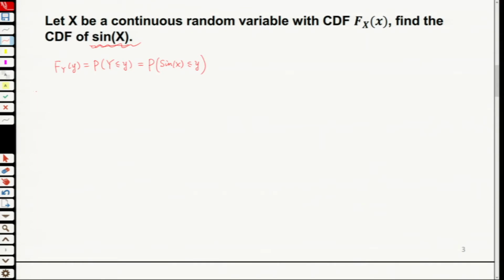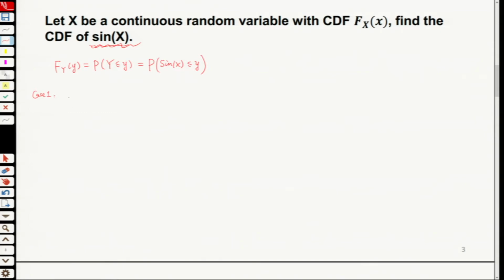Now, we still have several cases. Case 1. If you are taking the sine of a random variable, what is the range of sine x? The range is -1 to 1, because no matter what x you have, the sine oscillates between -1 and 1.